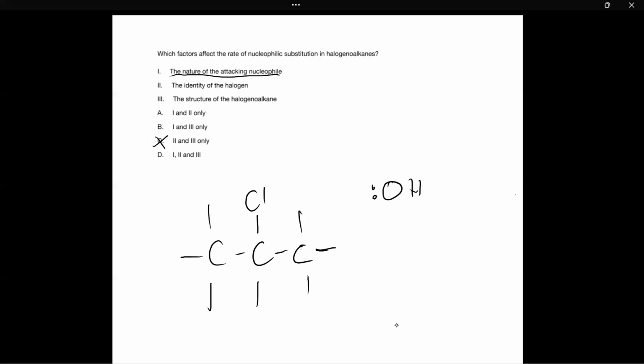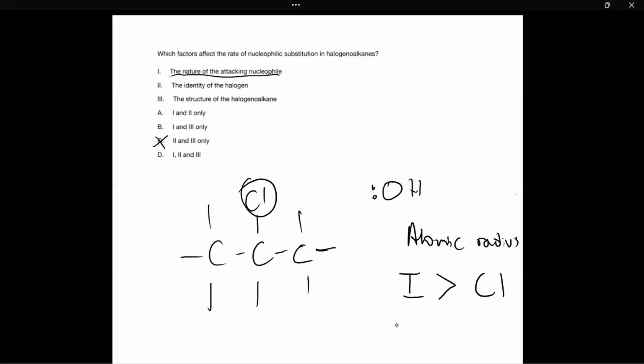It is very simple. Look at the atomic radius of the atom. Chlorine, for example, has a smaller atomic radius than something like iodine. So iodine has a greater atomic radius than chlorine, and that makes it easier for iodine to leave.